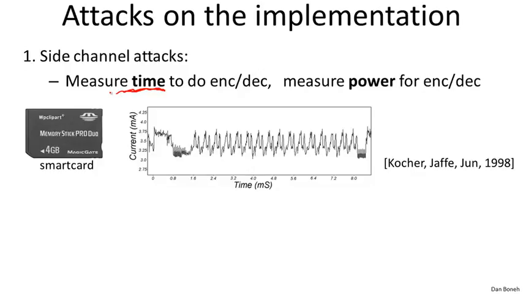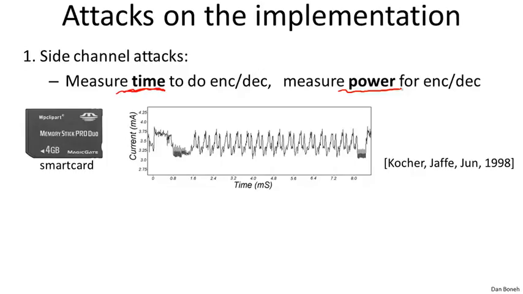Another example is that rather than just measuring the time, you could measure the power consumption of the card as it's operating. Literally, you can connect it to a device that will measure the current that the card is drawing and then graph the current very, very precisely. These cards are not very fast, and as a result, you can measure the exact amount of power consumed at every clock cycle as the card was executing.